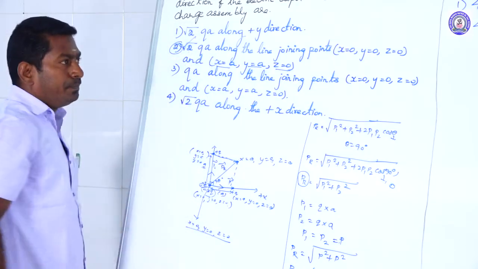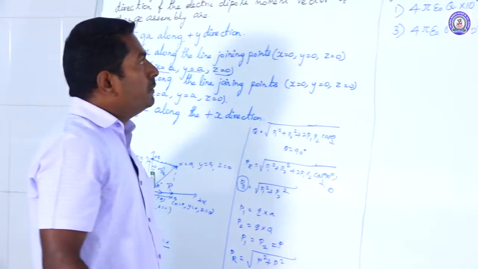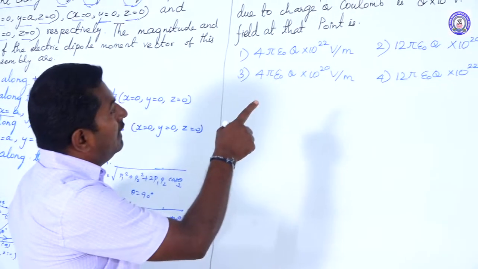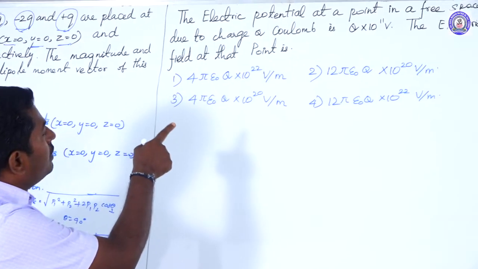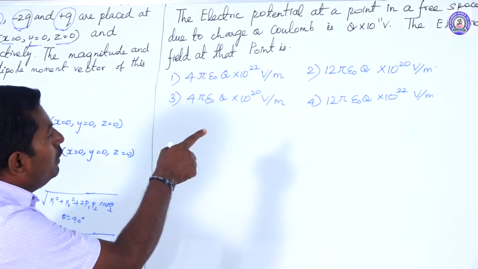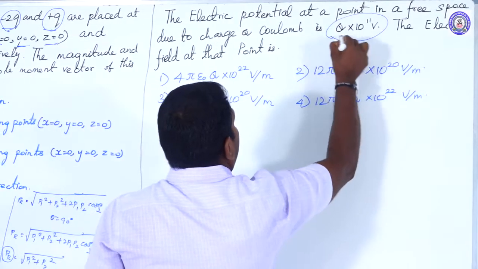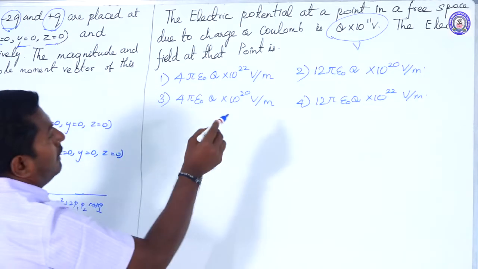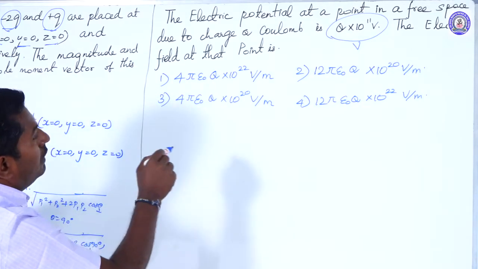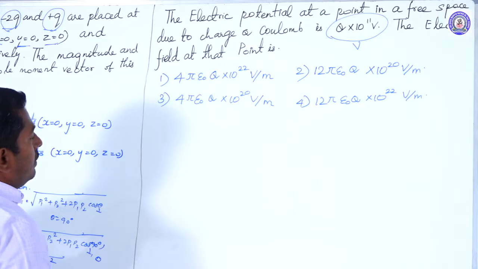So next question: the electric potential at a point in free space due to a charge q coulomb is q into 10 power 11 volt. We need the electric field at that point.